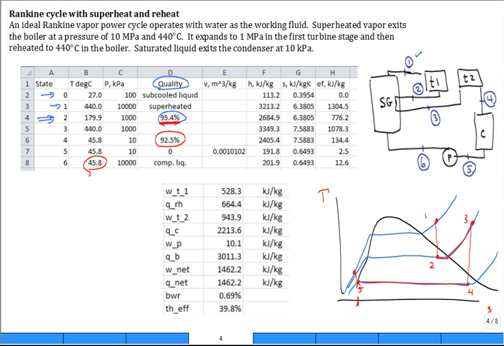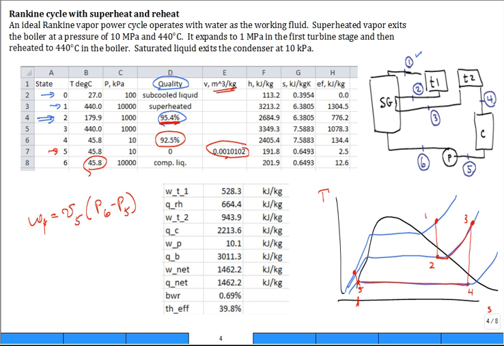All right. And notice that I got the specific volume in meters cubed per kilogram at state 5, such that I could calculate the work of the pump to be V5, that specific volume, times the pressure at 6 minus the pressure at 5. So that's how you calculate the work of the pump.